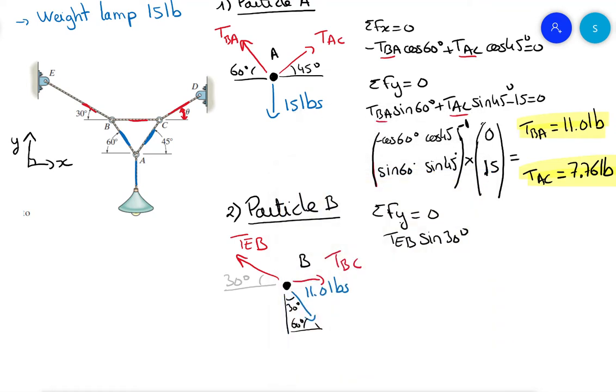So I say plus TEB sine 30, this complement, and minus the 11 pounds cosine 30 equals 0. So we got TEB equal to 11 pounds cosine 30 divided by sine 30. That's 19. How much did I get? I'll just check my answers.